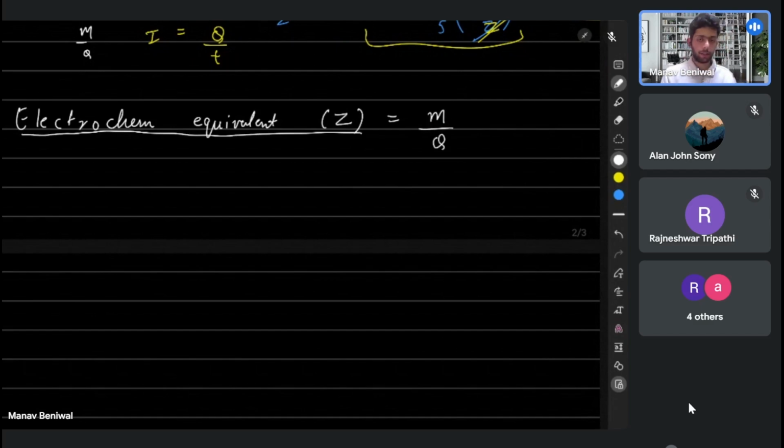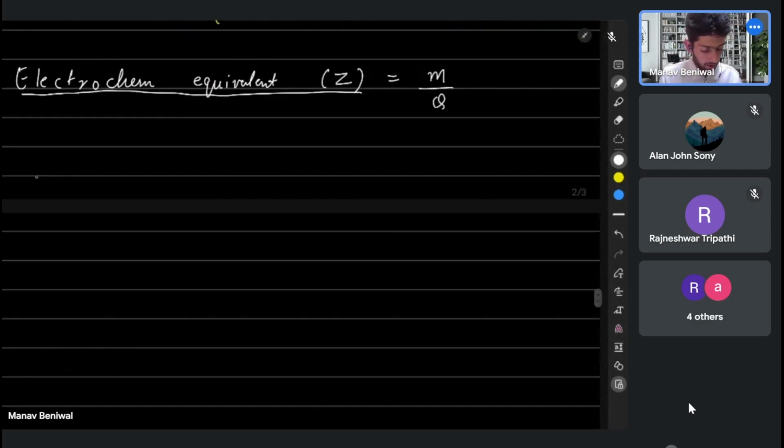And this charge can be any number. Let's say here we have same figure. We have a solution. We have one of the electrodes here, the other electrode here, and we pass some charge q through them, right? Some charge q is flowing in this thing. How will this charge q flow? Basically we will pass some current for some time t, and therefore you will get some total charge q, right?